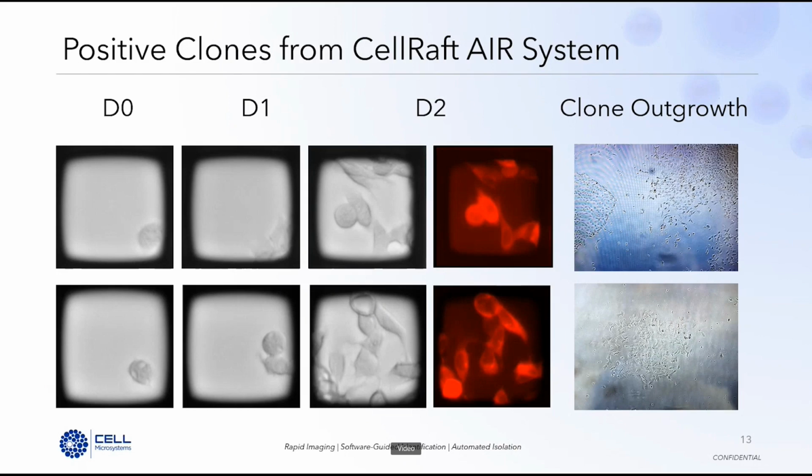On day 2 after seeding, we stained for the gene of interest directly on the array, and then imaged the cells for colony formation and the positive gene expression. Then after identifying the monoclonal gene-positive colonies, we isolated 124 populations and monitored them for outgrowth.